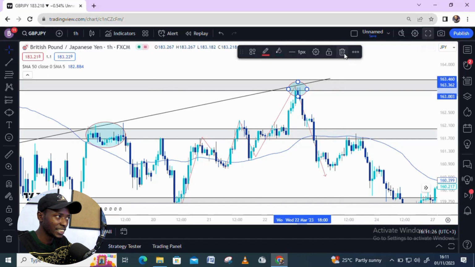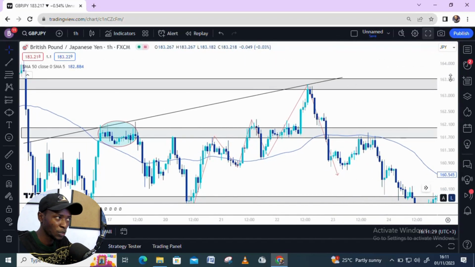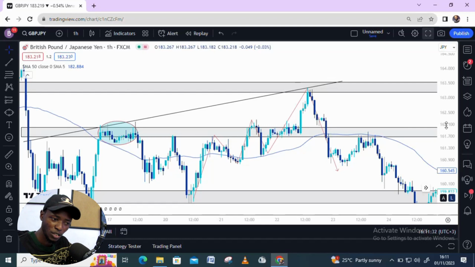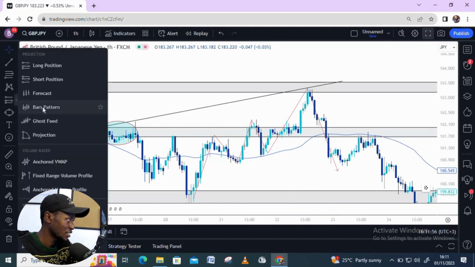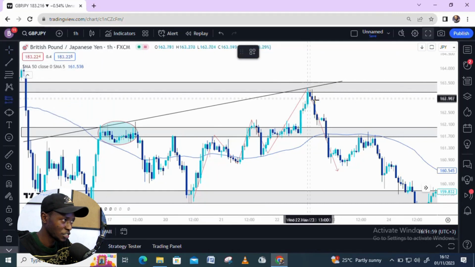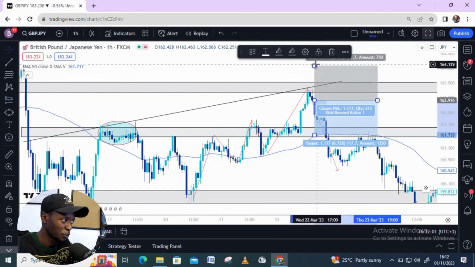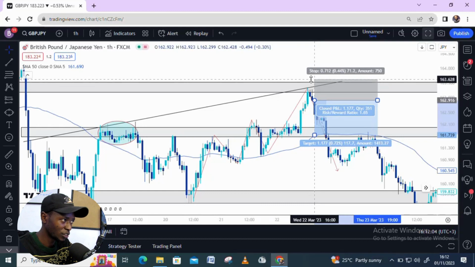Before taking a trade, you have to wait and see what price is doing. We'll cover this in a more elaborate lesson on price action in our upcoming videos, teaching you what to wait for before selling and how to anticipate selling and buying in the market, so that you enter your position right here with the stop loss above the zone.